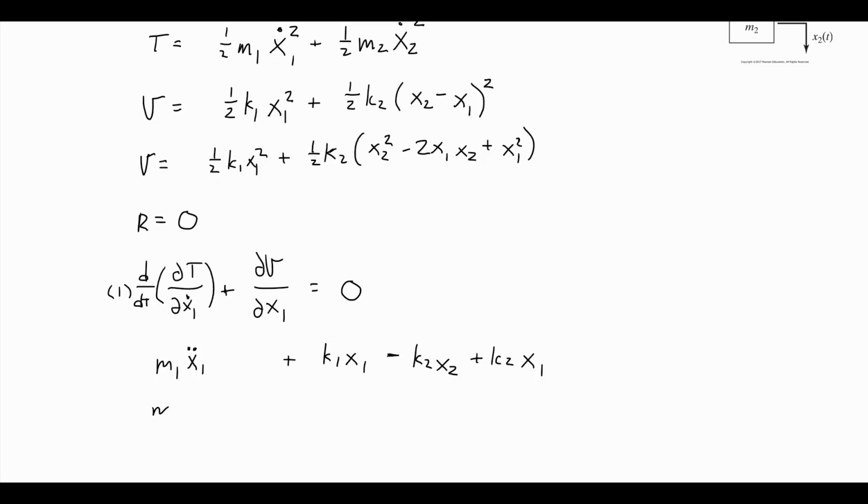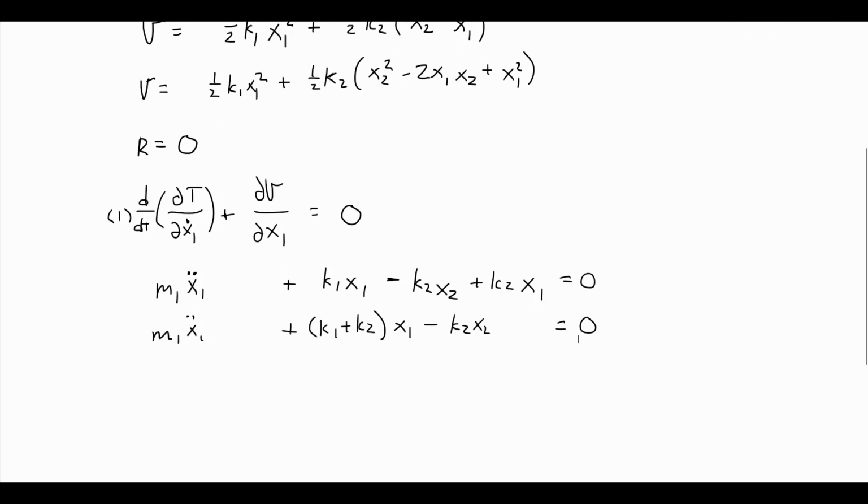And I will rewrite this by grouping my degrees of freedom together, because we see here we have 2 terms with an x1. So I will factor out the x1, minus k2 x2, and the right-hand side is still 0. All right, so that is our first equation of motion. I will rewrite it in the equation of motion step in matrix form.